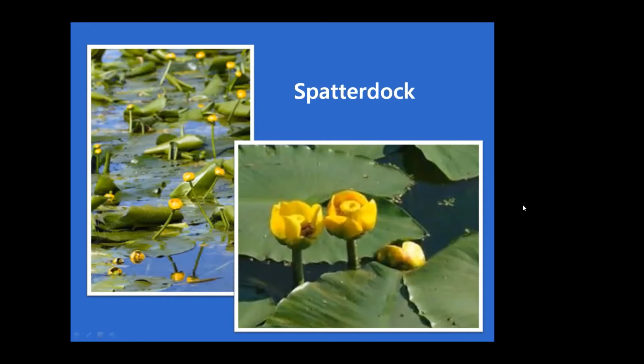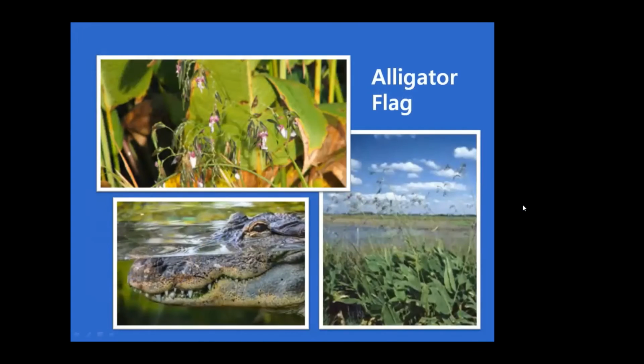They're edible, not by me, but they are edible. And then there's Alligator Flag. Now the idea here, that common name, is that as the alligator is moving through, those high, delicate flowers will signal the presence of the alligator.